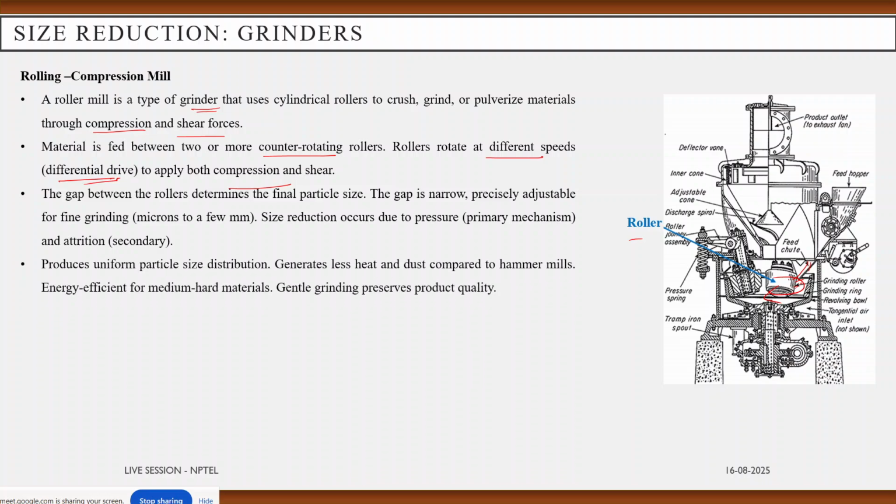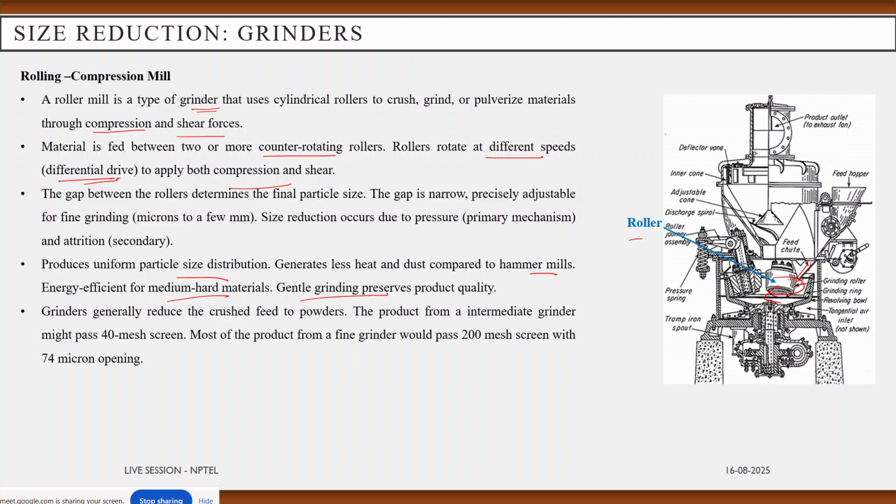The advantage is that this rolling compressing mill may produce uniform particle size distribution in the product, and generates less heat and dust compared to the hammer mill. So it is an energy efficient process for medium hard material, and also gentle grinding preserves product quality. So the grinders generally reduce the crushed feed to powders, or you can say fine grinding particles.